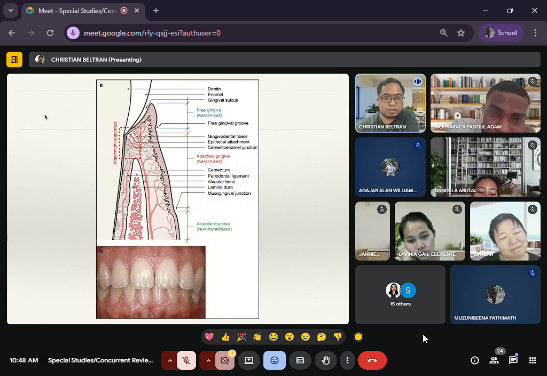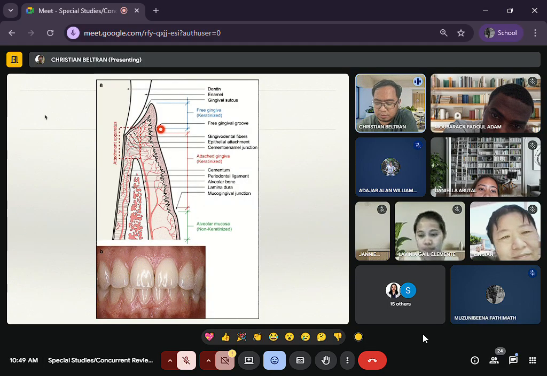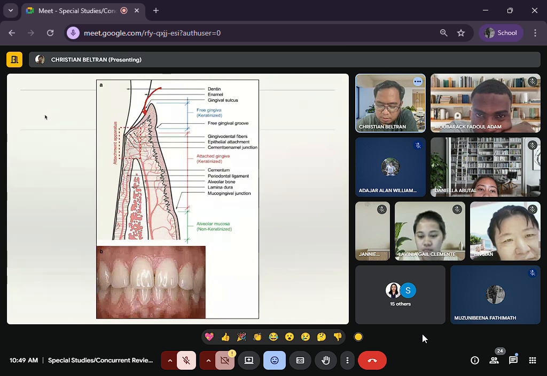We have a picture here showing you the different parts of the gingiva. You have your gingival groove. This is your gingival sulcus here. You have your free gingival groove, free gingiva, free gingival margin, and others. What do you call the epithelium here?